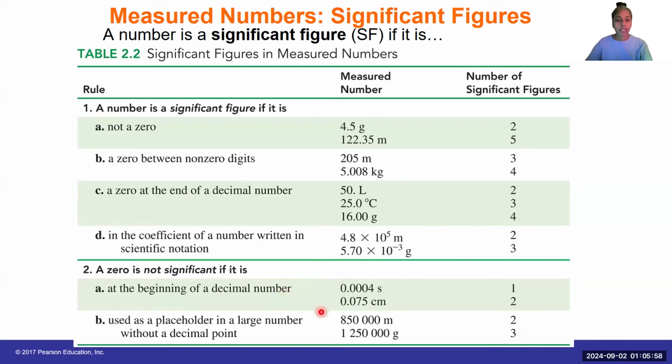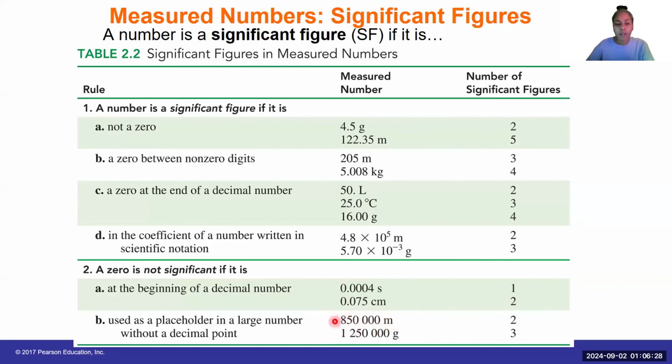We looked at an example already where we had those leading zeros that are not significant, but what about trailing zeros, right? Again, they're placeholders. If I have 850,000 meters and I'm measuring that exactly, it's just a placeholder. I'm trying to get to this really large number and I need those zeros to hold a place for me.